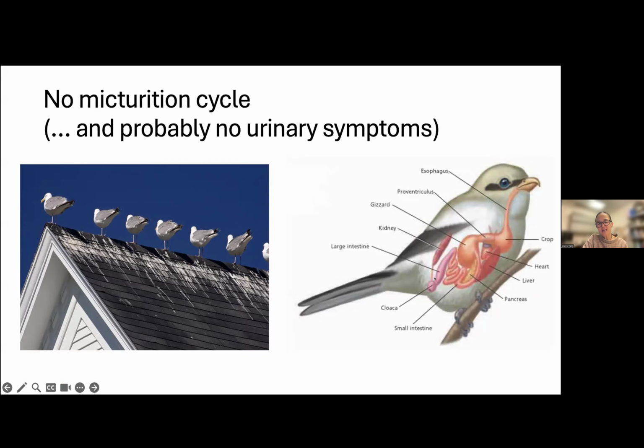The cloaca in birds also receives the solid waste products, and it doesn't have any sphincter muscles, so there's no storage. As the waste products, solid and liquid, are formed, they just pass out of the system without control.